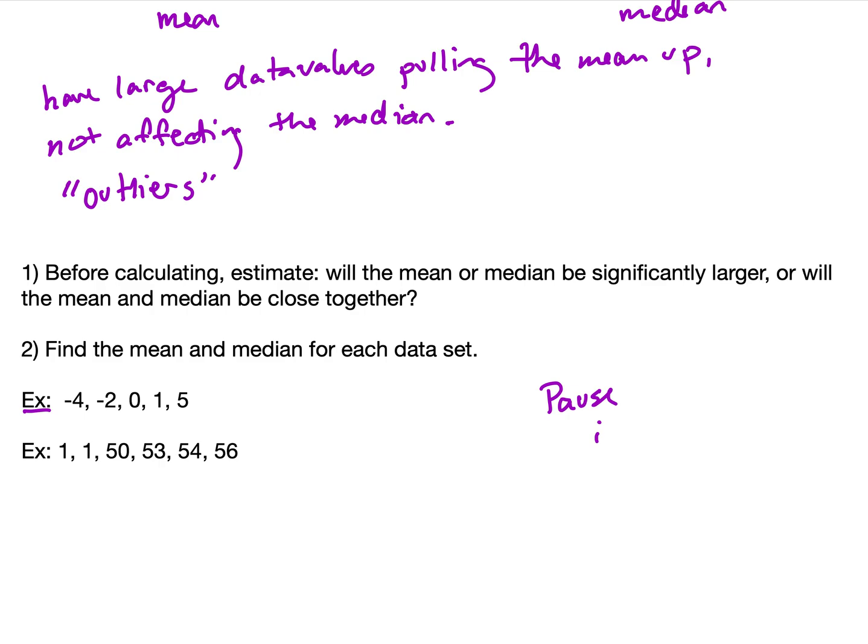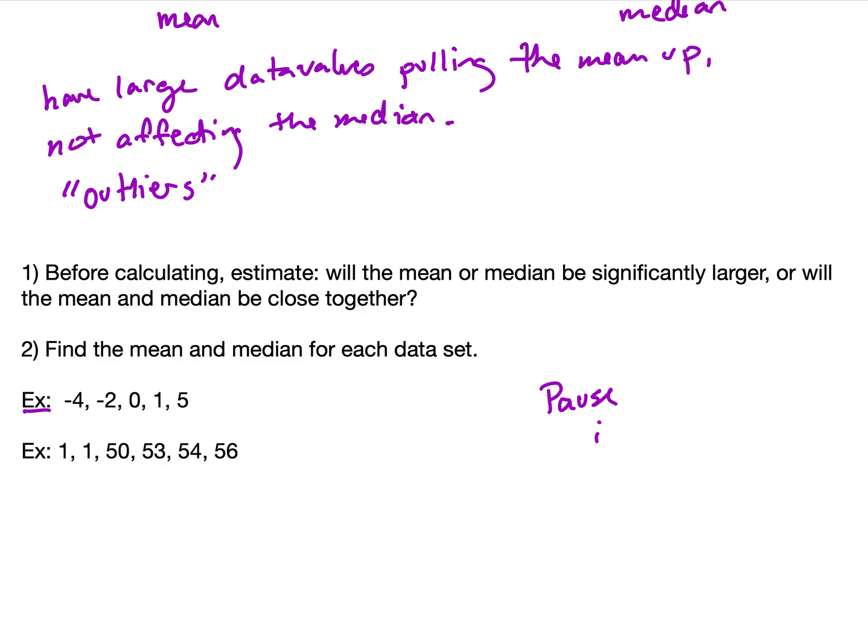Okay, so first, before calculating, we want to estimate. Will the mean be significantly larger, or vice versa, or will they be pretty close together? When we look at the first data set, we've got data that's pretty evenly spread out. It's not exactly evenly spread out, but we've already got this data in order, and it's around a center of 0.